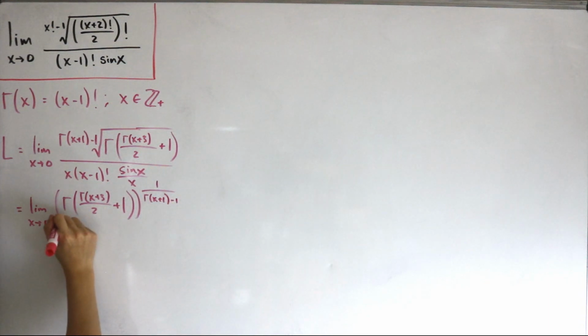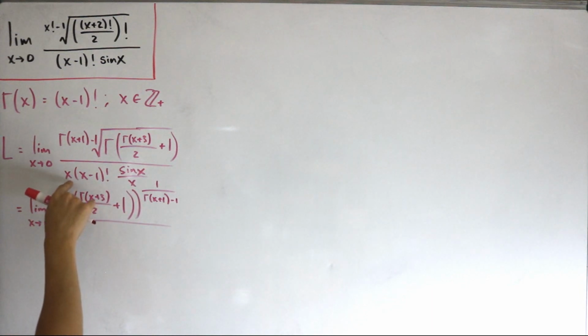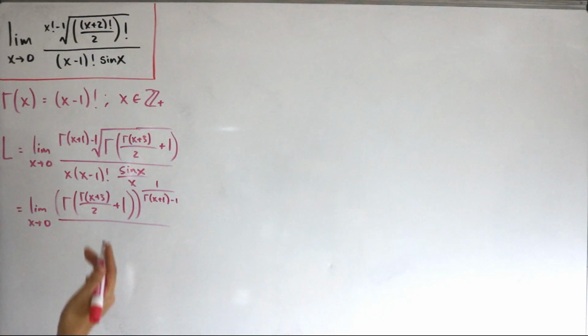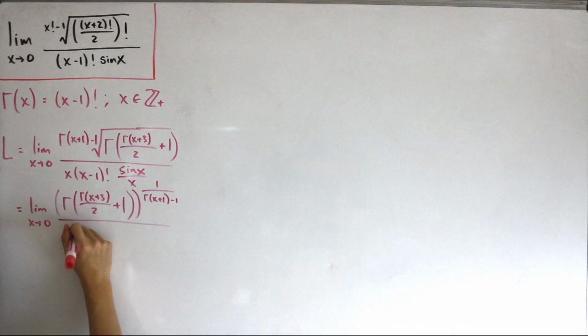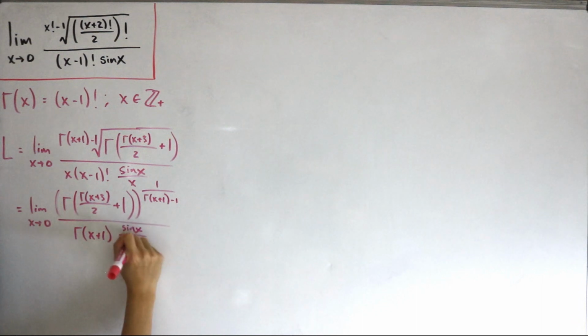Then under the denominator, as I mentioned, we multiplied and divided by x, so x times (x minus 1) factorial is simply x factorial, which in terms of the gamma function equals gamma of x plus 1, and then we just have sine of x divided by x.